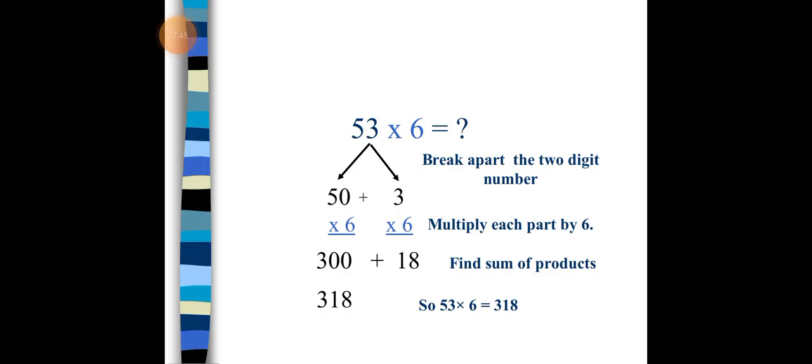Before adding them, we are going to multiply by 6. You don't need to add 50 plus 3 to get 53 and then multiply by 6, because it is the same as that one. So first you need to split them apart and then multiply them.